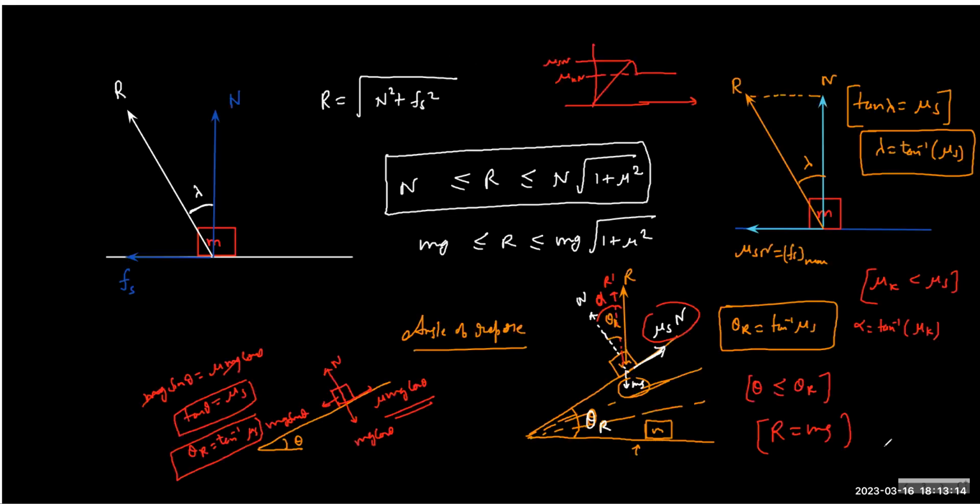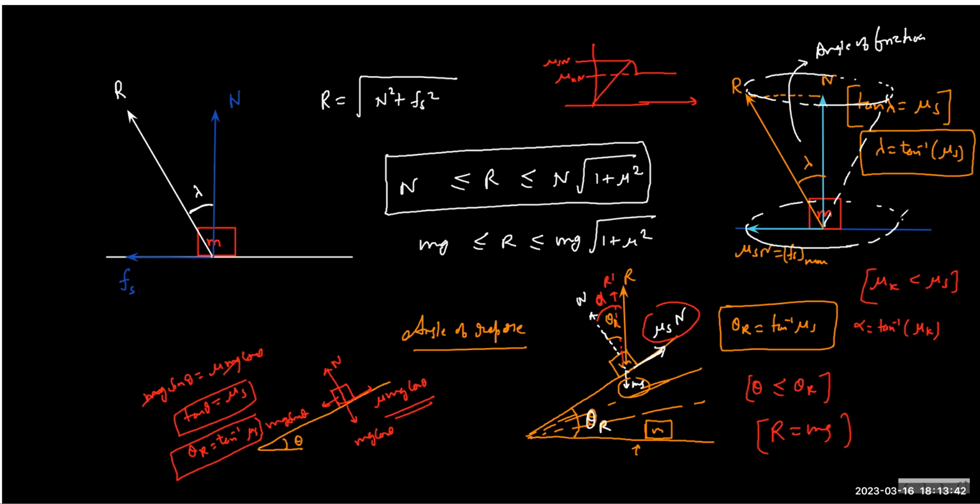And do you realize these angles have nothing to do with the mass? From the cone of friction, this is called the angle of friction. Also called the cone of friction because this R can have any direction like this over the cone. That's why it's called the cone of friction, because this vector can change, right?